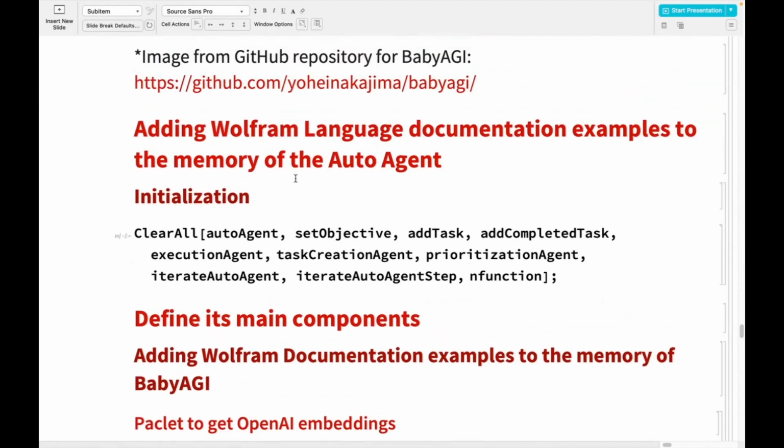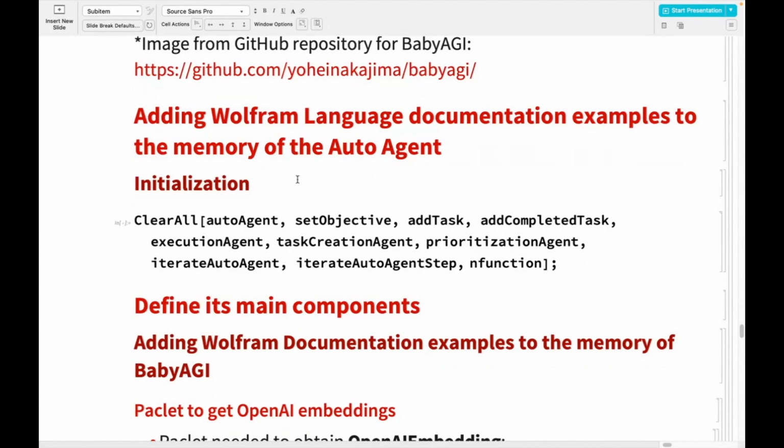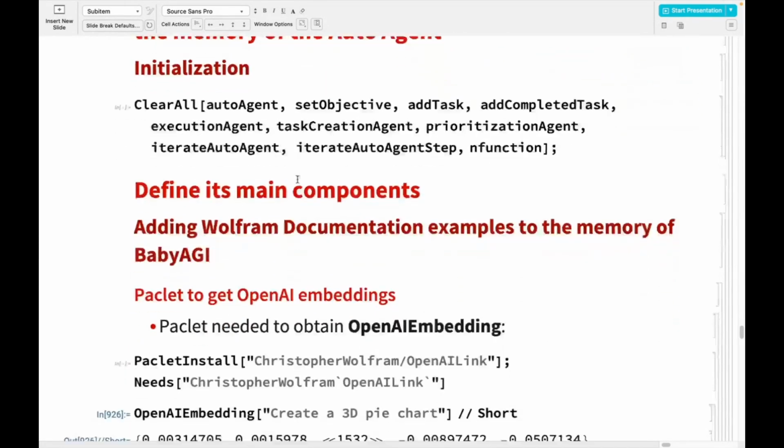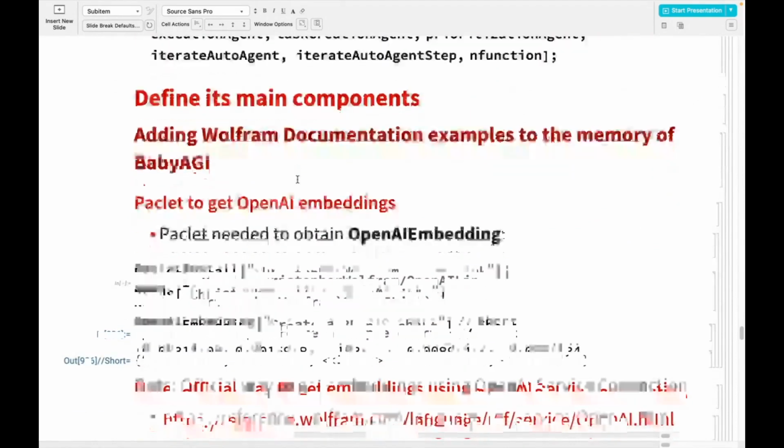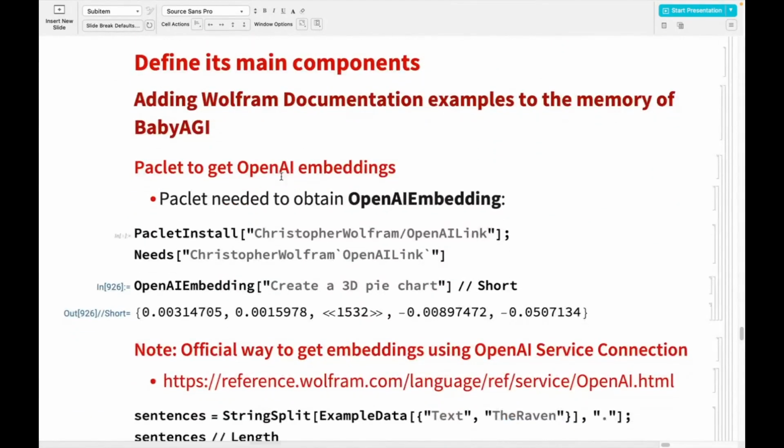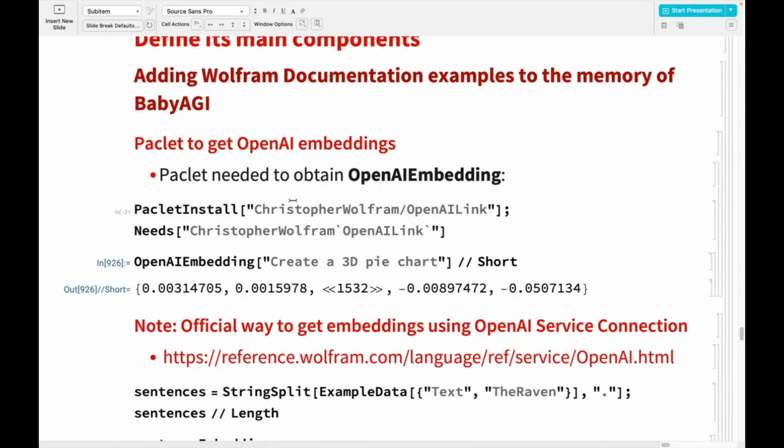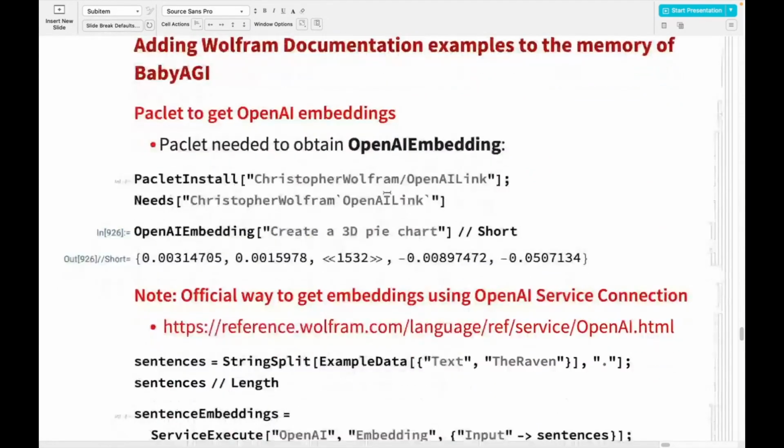I added semantic search memories using embeddings from the LLMs. In this case, I used Wolfram Language documentation examples. Originally, I used the paclets from Christopher Wolfram for getting the OpenAI embedding.